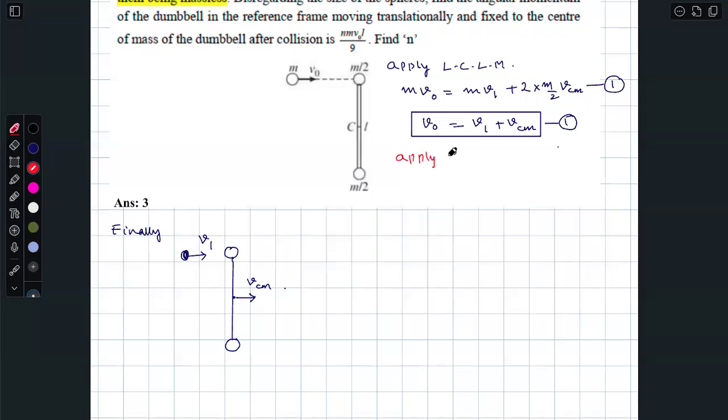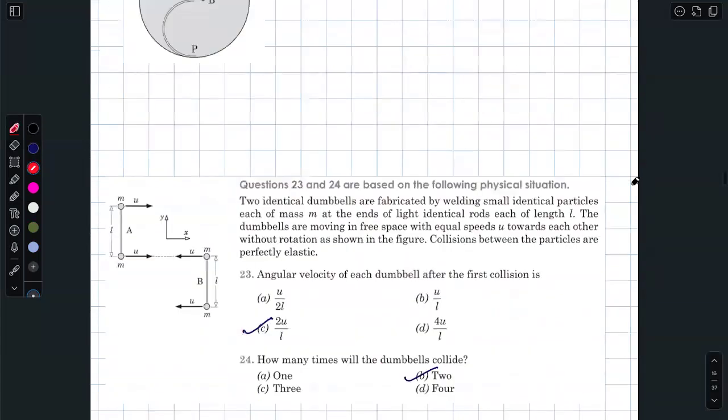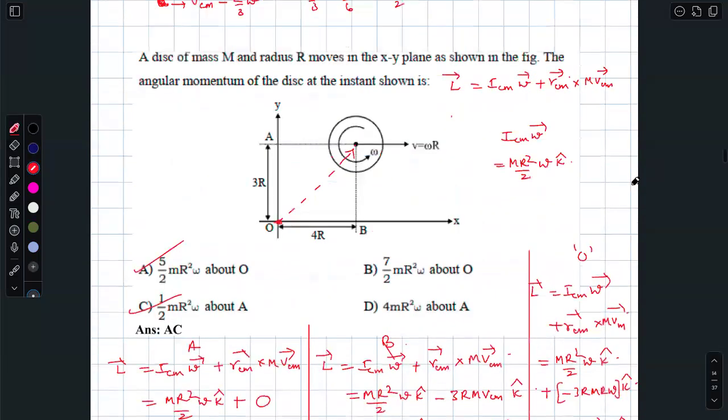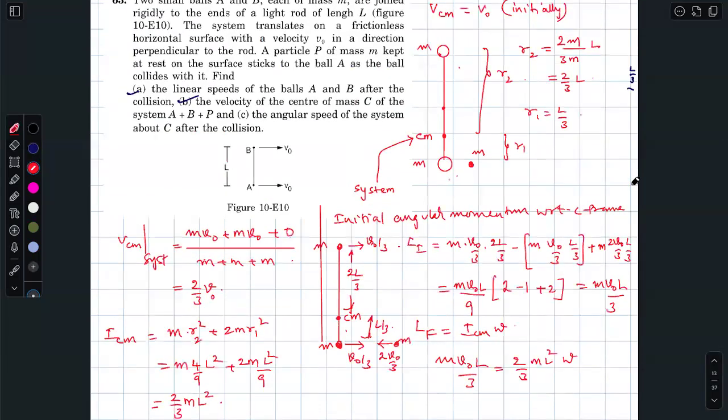Apply the law of conservation of angular momentum about a point just below the center of the rod. You may ask me, sir, you are cheating now. You have changed your version here, whereas in all these questions you took the center of mass of the system.